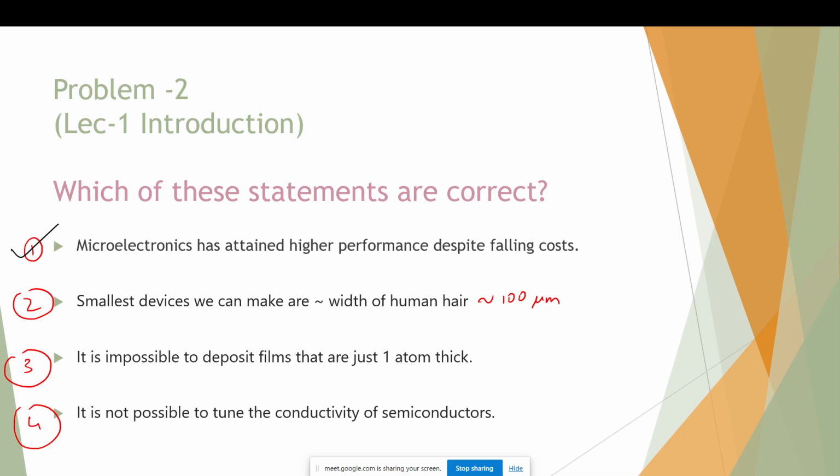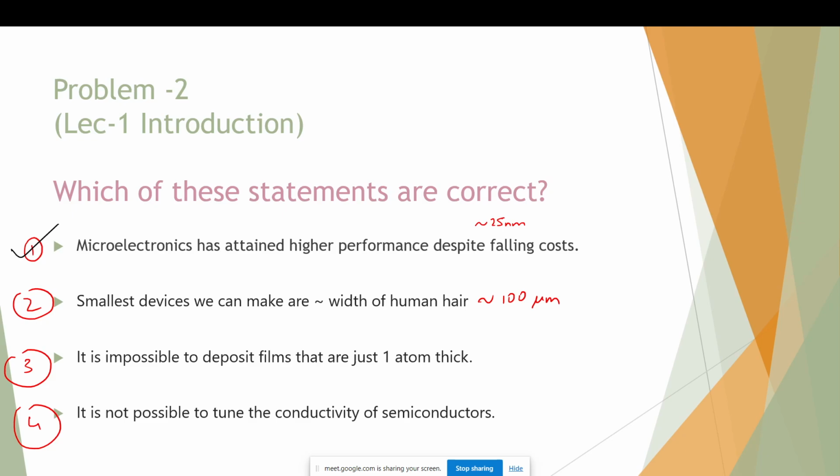What I mean is, microelectronics has actually attained higher performance despite falling costs, and this is because we can use microfabrication, nanofabrication, to make devices at very small scales, of the order of 25 nanometer critical dimensions, and that has actually helped us in reducing costs.